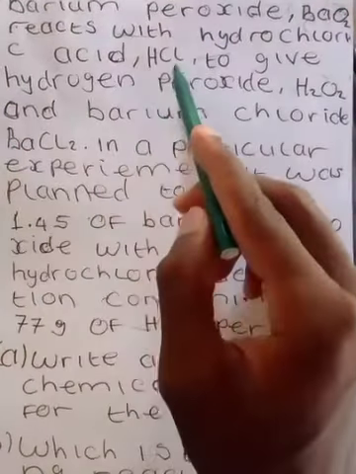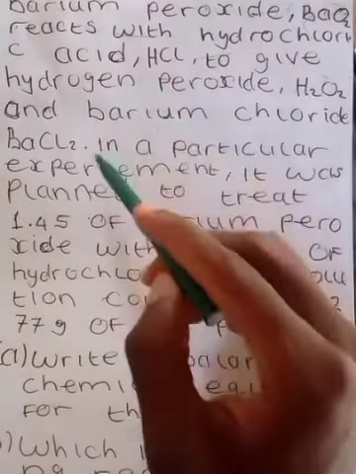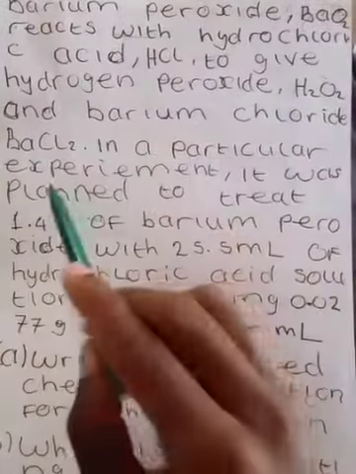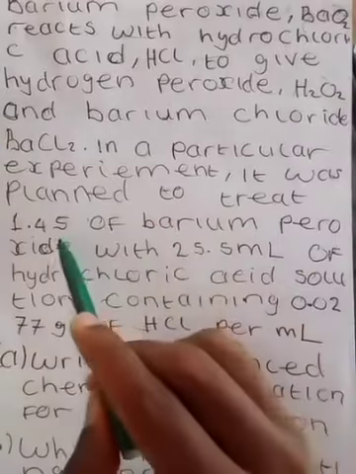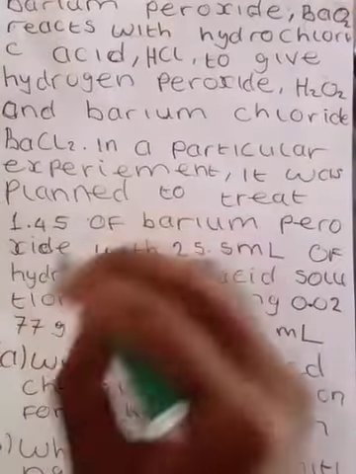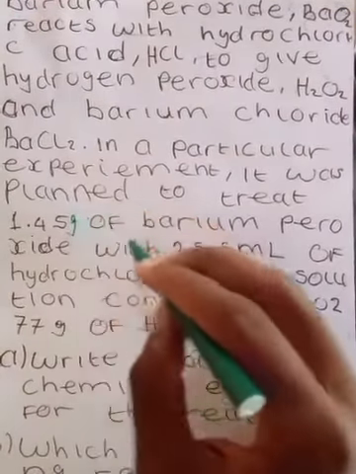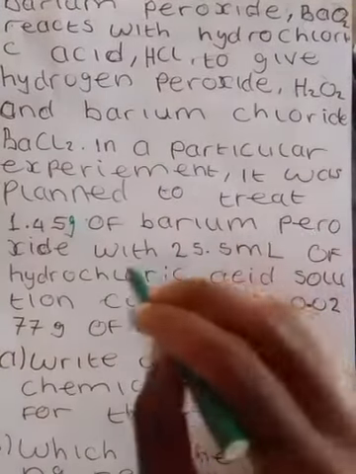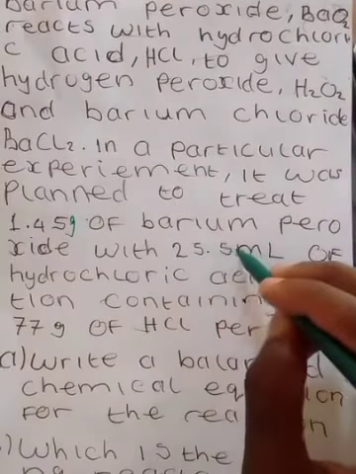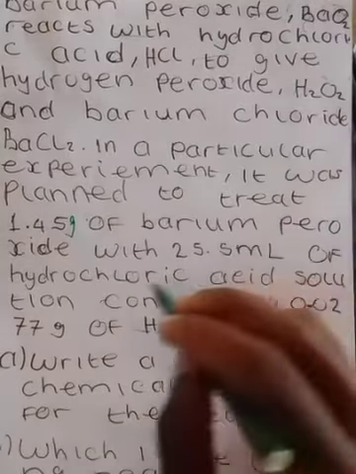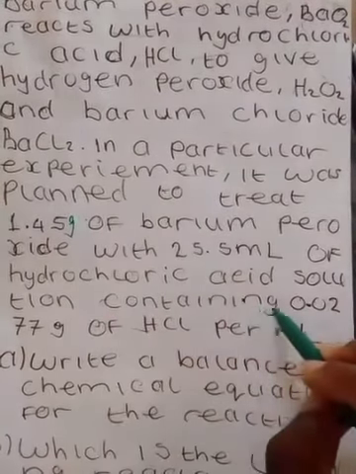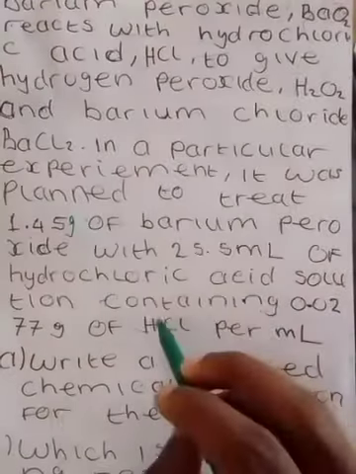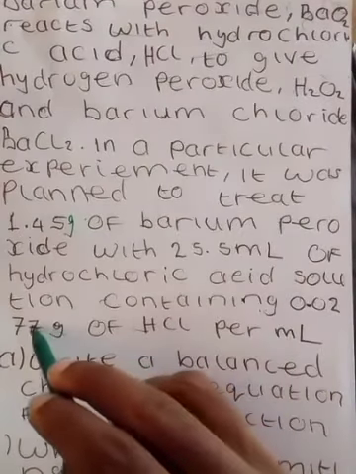Okay, so in a particular experiment, it was planned to treat 145 grams of barium peroxide with 25.5 milliliters of hydrochloric acid solution containing 0.0277 grams of hydrochloric acid per milliliter.